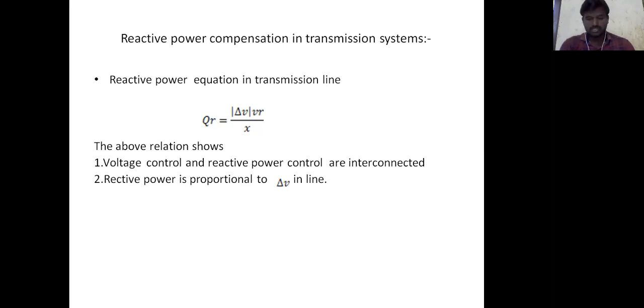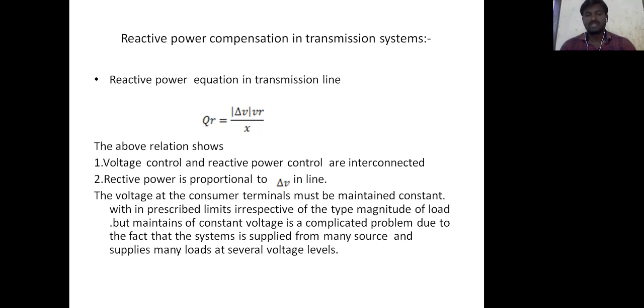The voltage at the consumer terminals must be maintained constant within the prescribed limit irrespective of the magnitude of load.